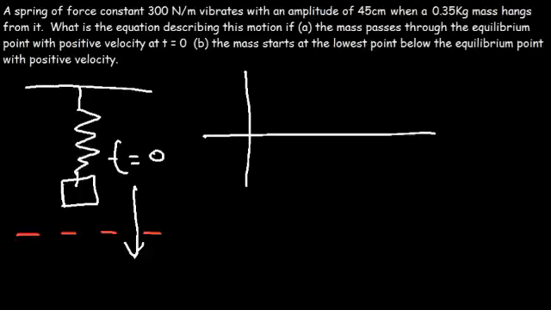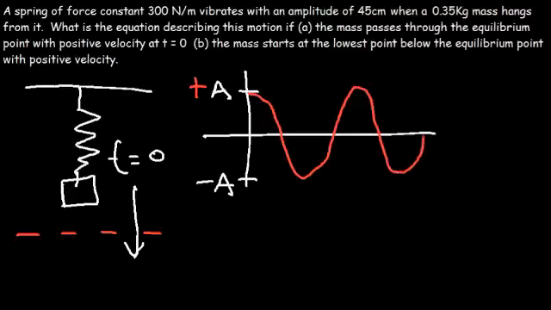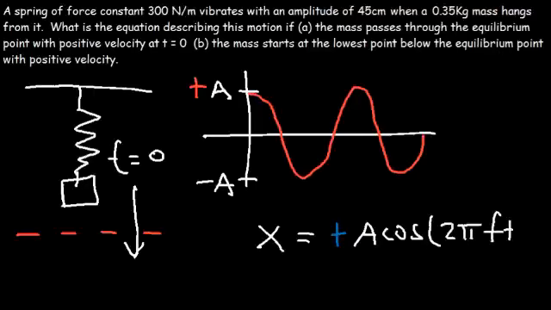So to graph it, it is starting at the top with an amplitude of positive a. So this would be the cosine graph, positive cosine to be exact. So x would be equal to positive a cosine 2 pi ft.